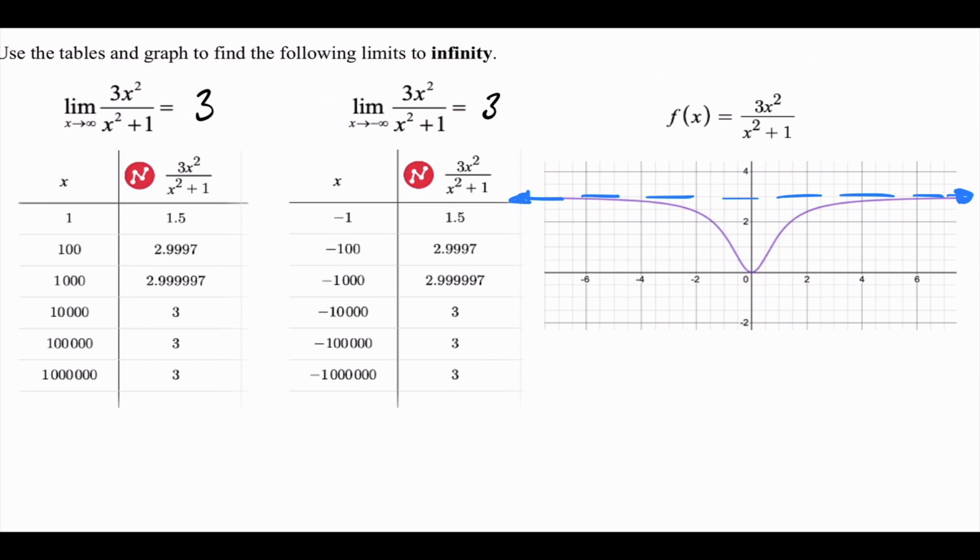We've seen those invisible lines before, right? They're called asymptotes. The difference with this one is that it's not vertical. It's a horizontal asymptote.